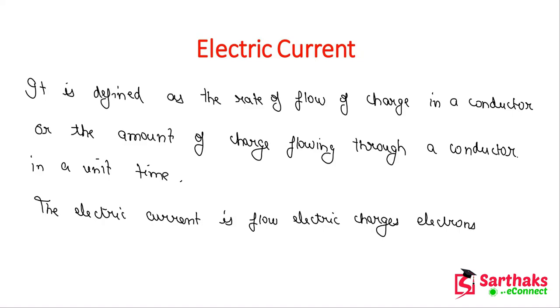It is the flow of electrons in a metal wire or in a conductor, and the conductor is the metal wire.